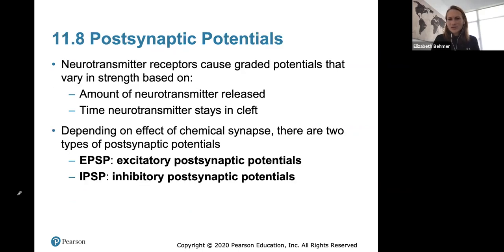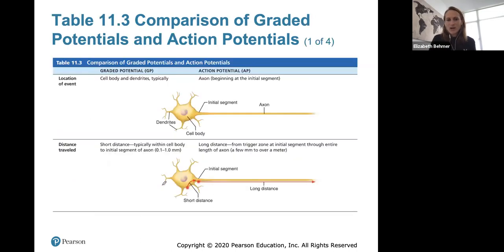Postsynaptic potentials refer to the fact that neurotransmitter receptors will cause graded potentials that can vary in strength. And there are basically just 2 types of postsynaptic potentials. Neurotransmitters can excite the postsynaptic membrane, or they can cause an inhibitory response in the postsynaptic membrane.